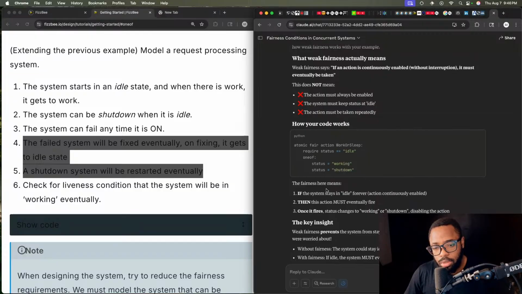The fairness here means if the system stays in idle forever, then this action must eventually fire.